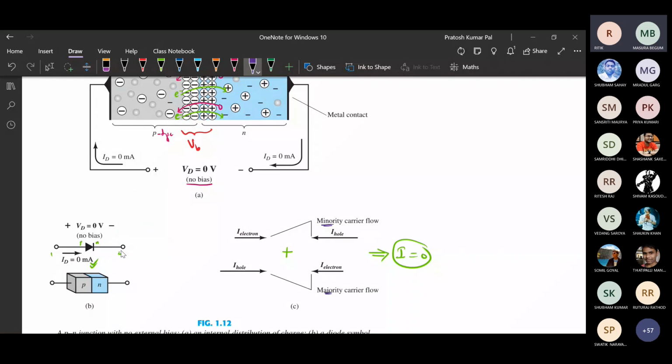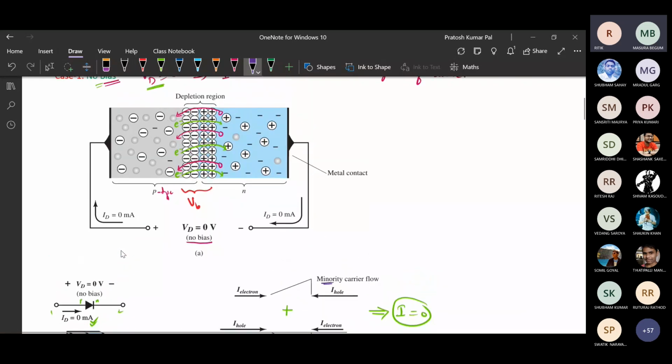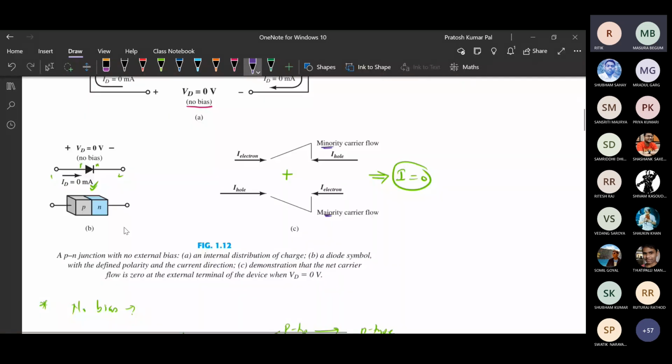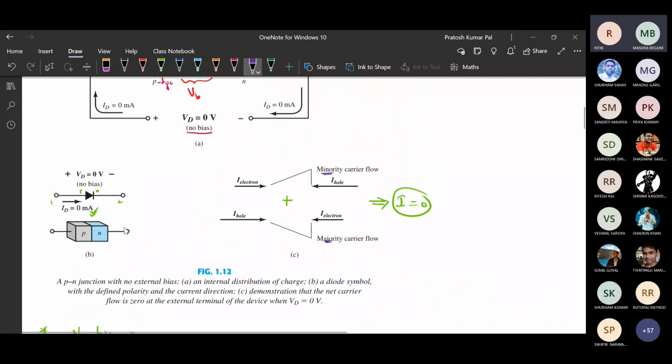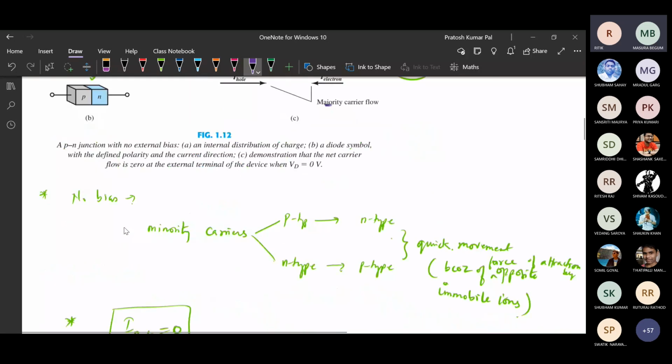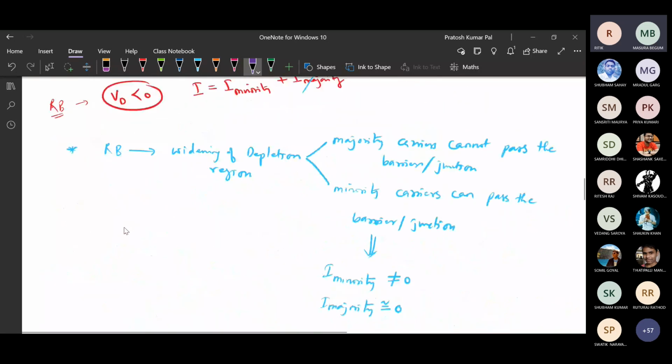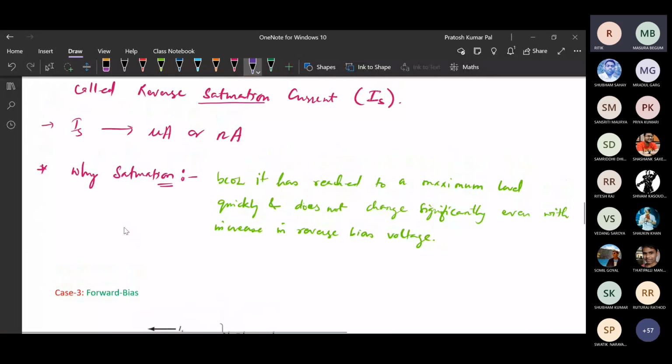In that case also, there was a chance that the majority charge carriers could cross in no bias condition. But whatever amount of minority charge carriers are available in no bias condition, the same magnitude of reverse bias current is available in the reverse bias case also.